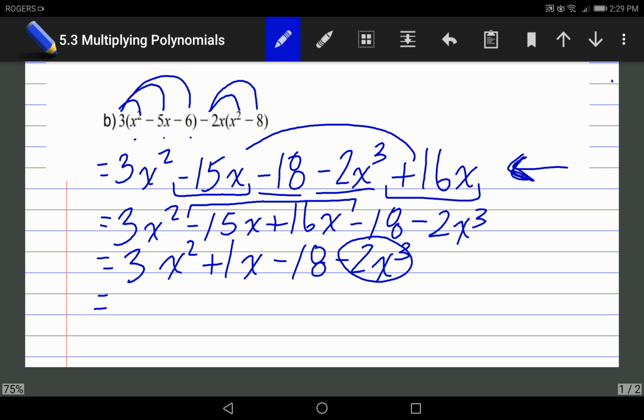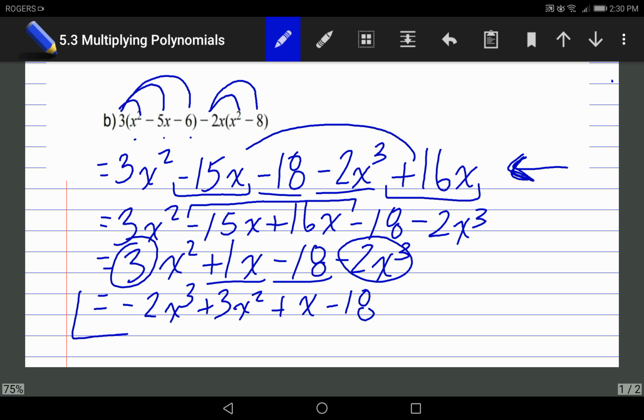Instead of having minus 2x cubed at the end, I'm going to put negative 2x cubed at the beginning. Then I'll put the positive 3x squared there, and that is a positive 3 here. If you don't see a negative, assume it's a positive. So it's a plus 3x squared plus x, or 1x, and then minus 18. So you can disregard this last step.